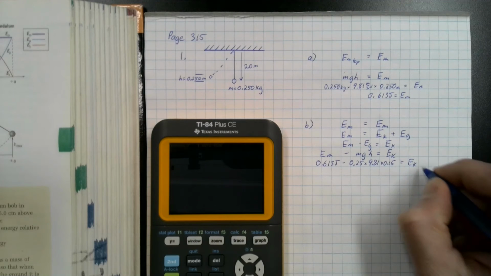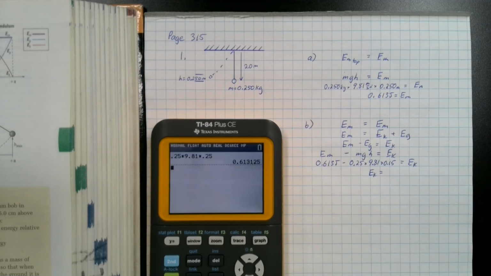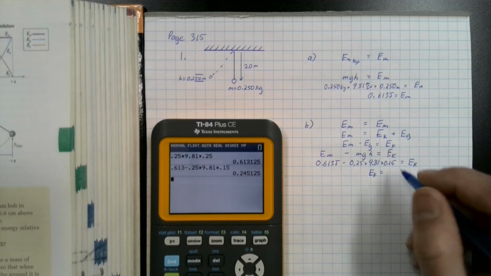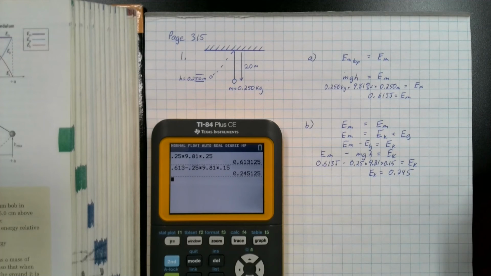That will give us our kinetic energy. So EK is equal to 0.613 minus 0.25 times 9.81 times our height, 0.15 meters, gives us a value of 0.245, and it doesn't round up, joules of kinetic energy.